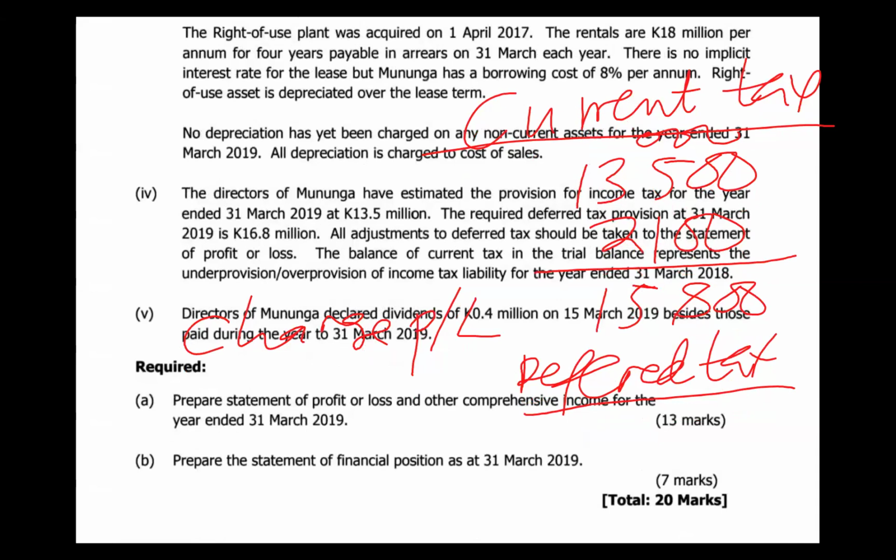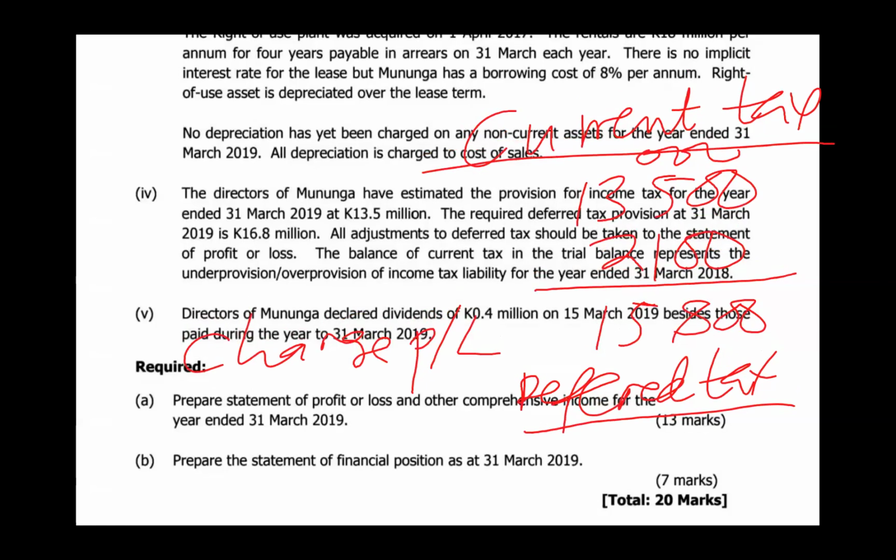So you are given already the current deferred tax, right? In this case, it has been given for you. You never needed to calculate it like the difference between the carrying amount and the tax base. Here it has been given for you in that additional information. So this one is straightforward. So the deferred provision, how much is it? 16,800, which is 16.8 million, 3 zeros on top.